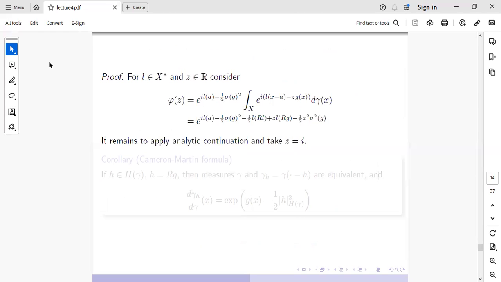To check this, consider first some linear continuous functional L and the function φ of a real argument z, which is defined as follows. Now, L(x) minus a minus that g(x) belongs to this closure.